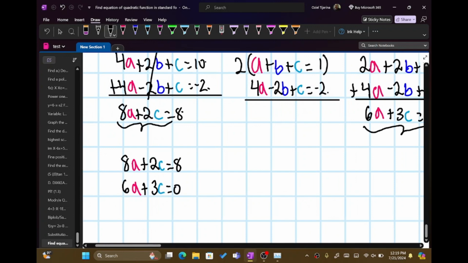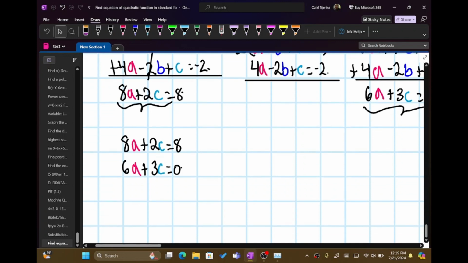Like I said, you can do it by substitution or elimination. I'm going to do it by elimination, since we've already been doing that. So we're going to multiply the top by negative 3, and then multiply this one by 2. The reason I'm doing that is because I'm going to eliminate my c value.